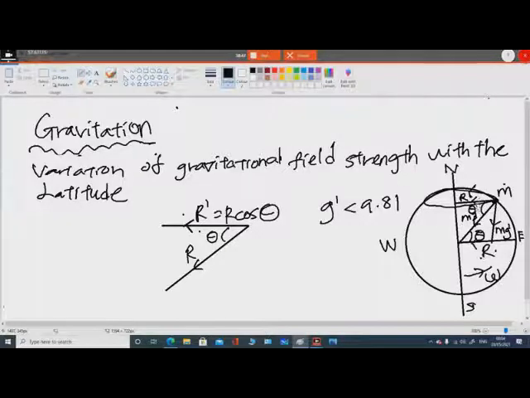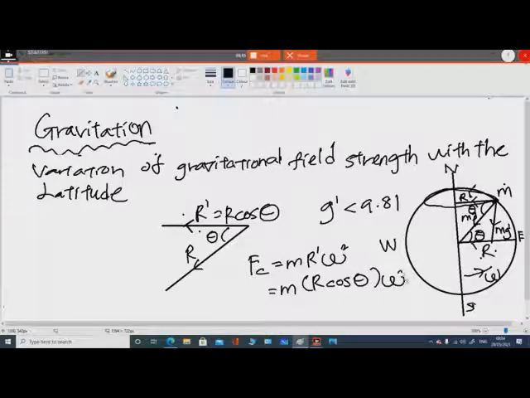So this mass m will also rotate with its own circular motion. So the centripetal force for this mass m is actually equal to m r prime omega square. So this r prime will represent our r cos theta omega square.